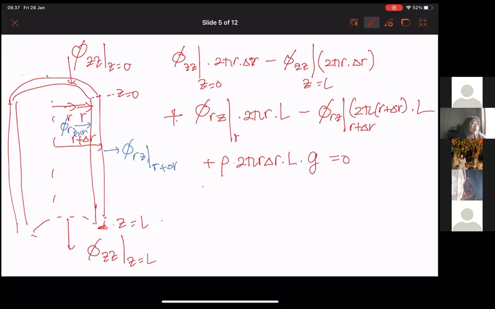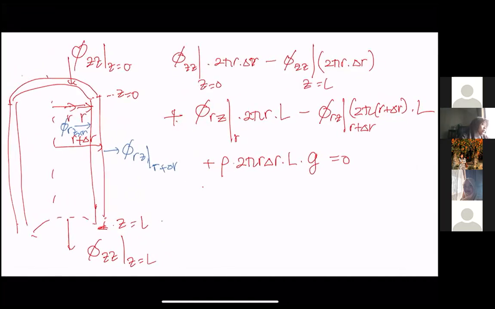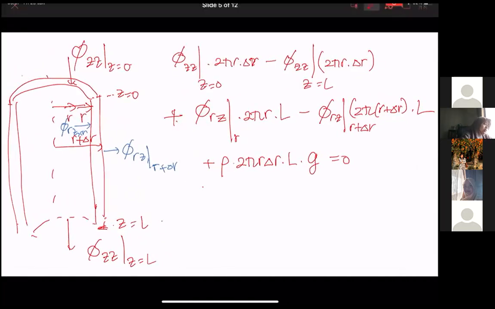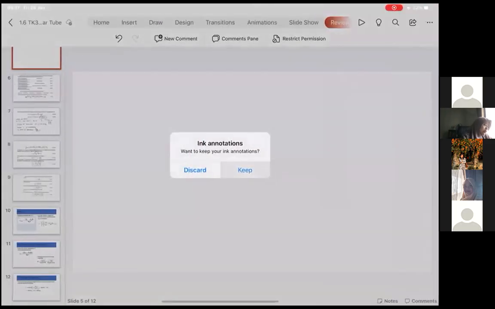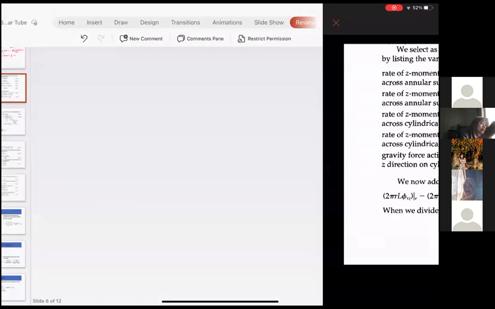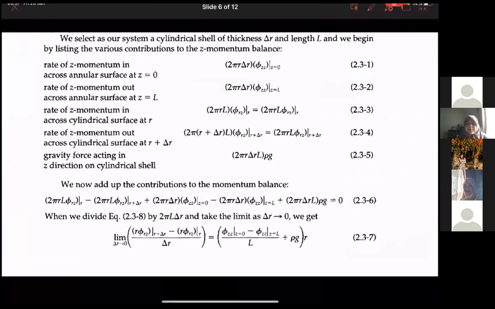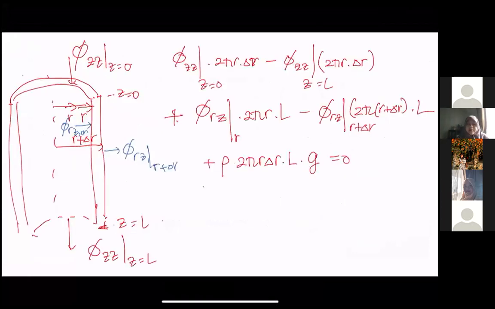Okay, so if you go to the next one here, this is the in multiplied by the area in, and here the out multiplied by the area out.